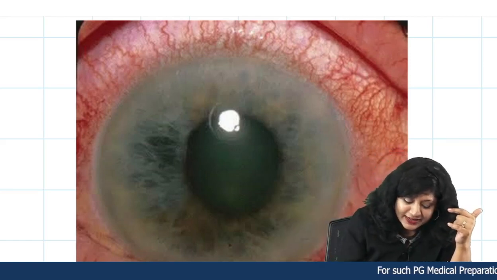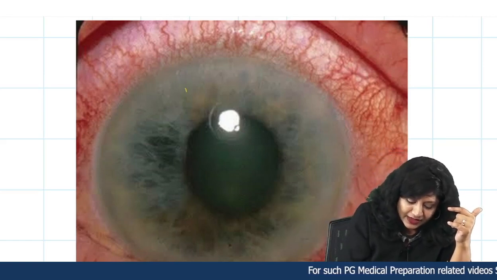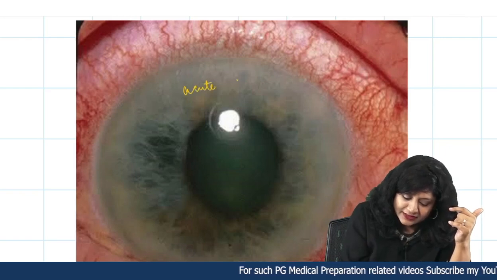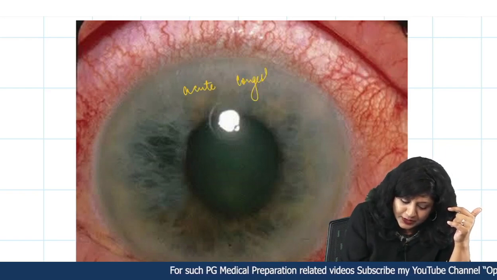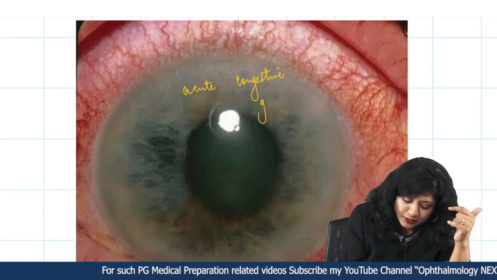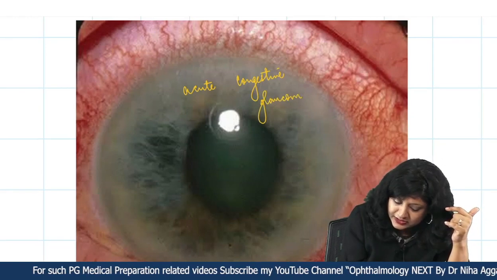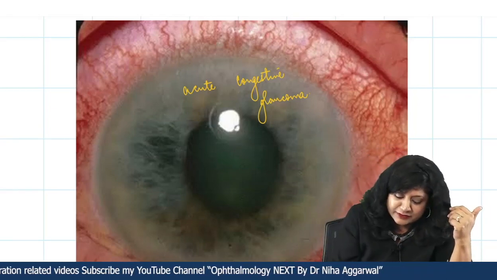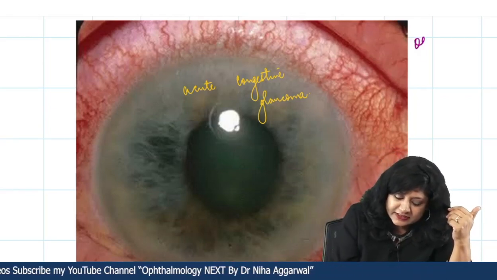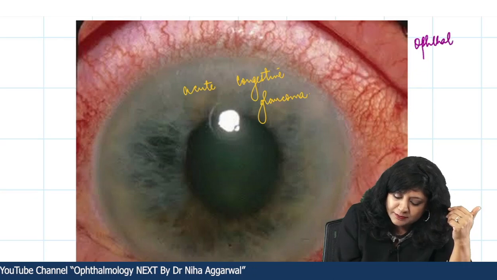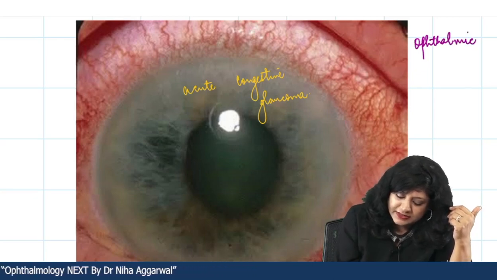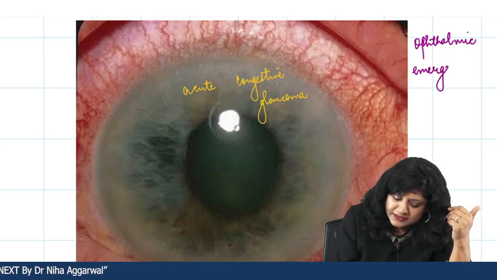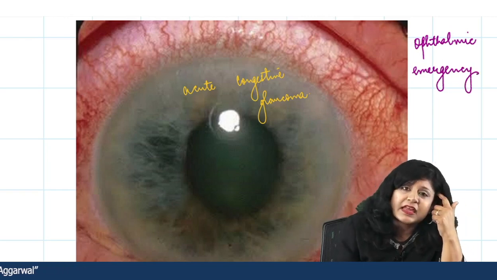This is your acute congestive glaucoma. Here I am talking about acute congestive glaucoma. This is the congestive phase, and this phase is considered to be an ophthalmic emergency.